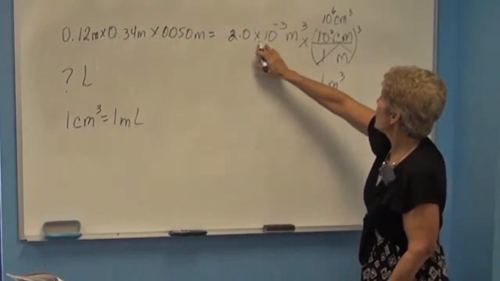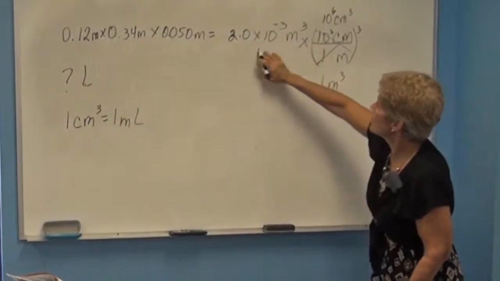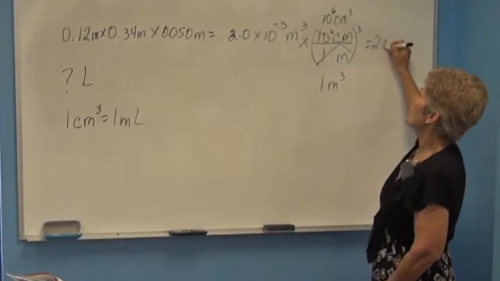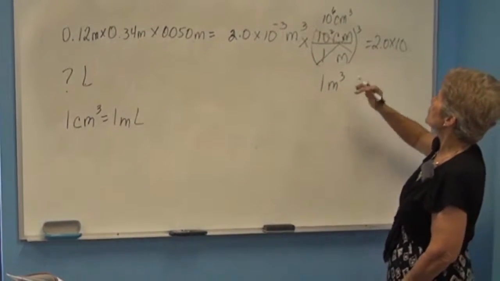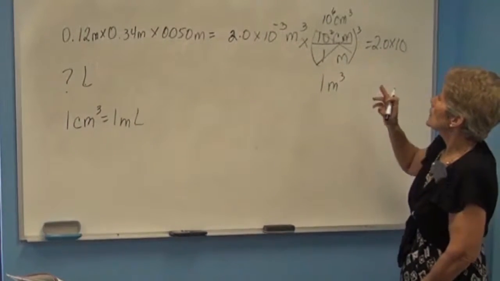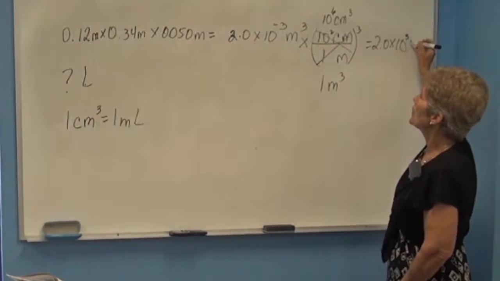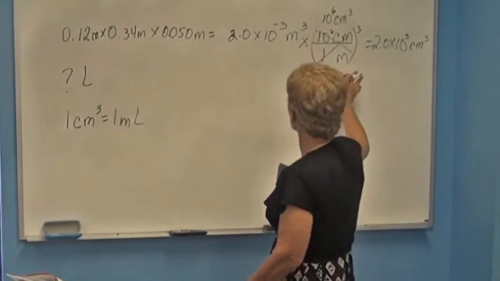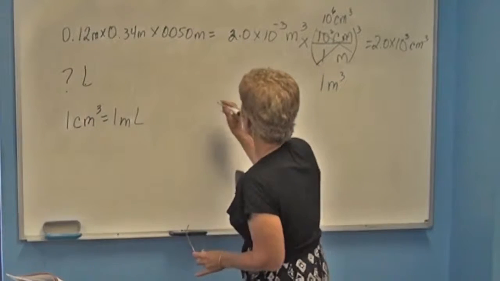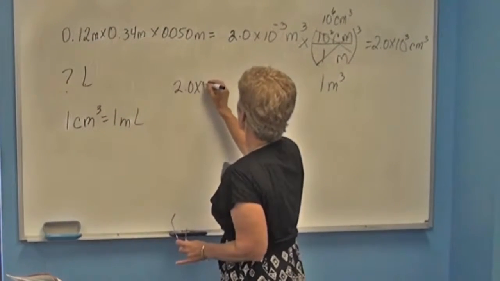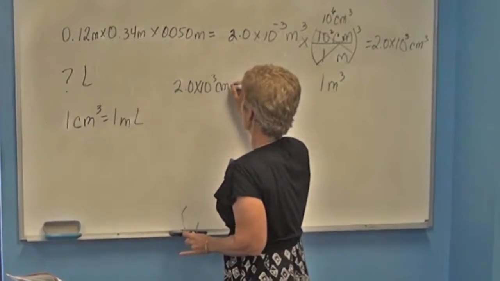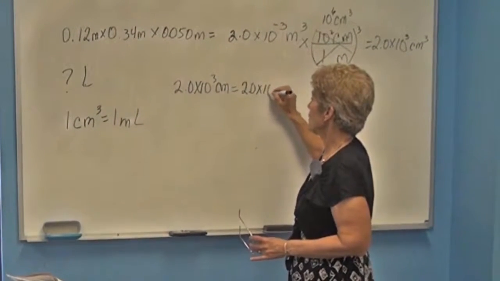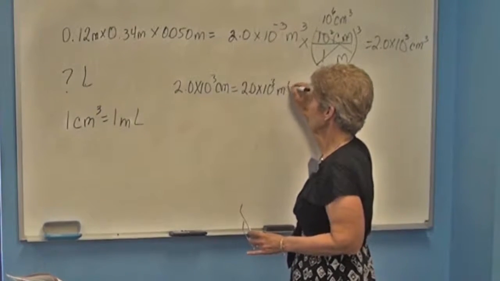Okay. So now I can get from this number to centimeters cubed. So that's going to give me 2.0 times 10 to the third centimeters cubed. Okay? So far, so good. Now I know that 2.0 times 10 to the third centimeters cubed is equal to 2.0 times 10 to the third milliliters.